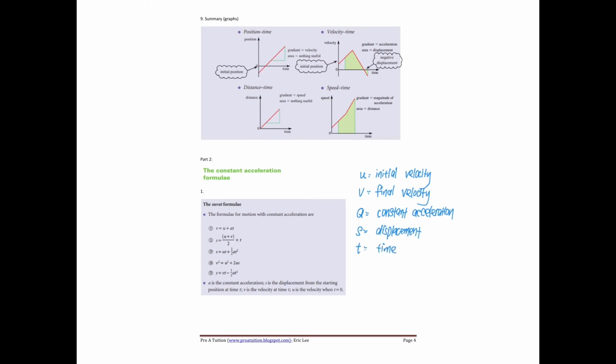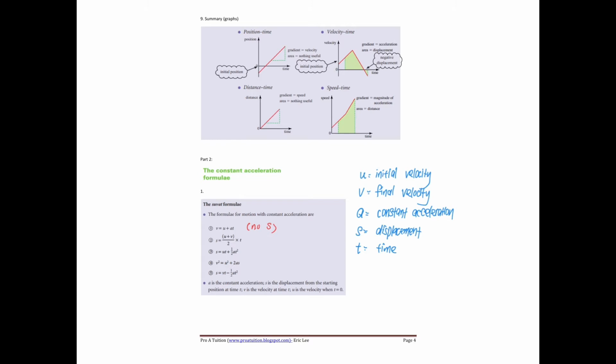Okay, so there are 5 quantities here. In order to use the formula, you need to choose a suitable one based on the information given and based on the question asked. So for example, when should you use the first formula, v equal to u plus at? When there is no s.